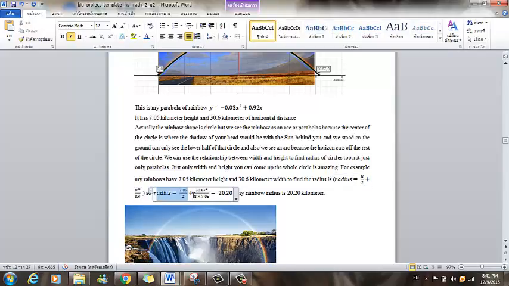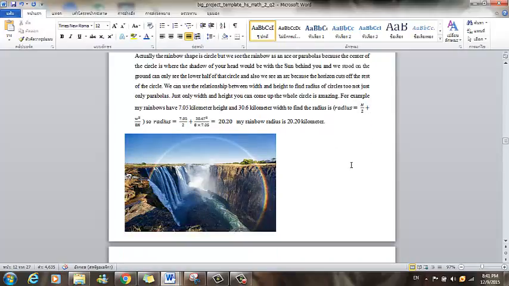So I input everything, and my radius is 20.20 kilometers. So yeah, the shape of the rainbow is a circle.